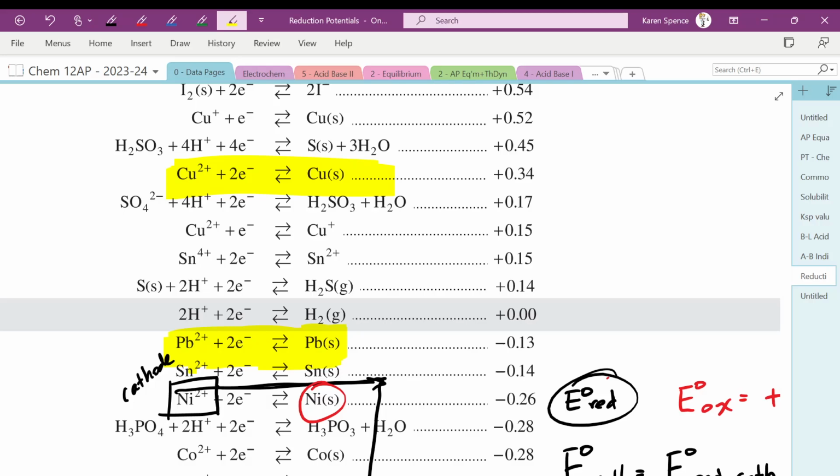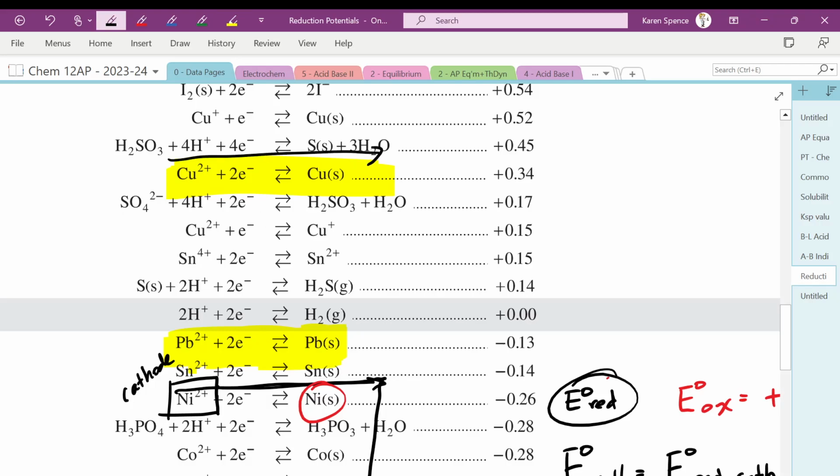Just look at your chart, tell your partner quickly, who's the cathode? Oh, whoops. Who's the cathode? The cathode is copper. Why? Because it is higher. So which direction is that half reaction going? Right to left or left to right? Left to right.